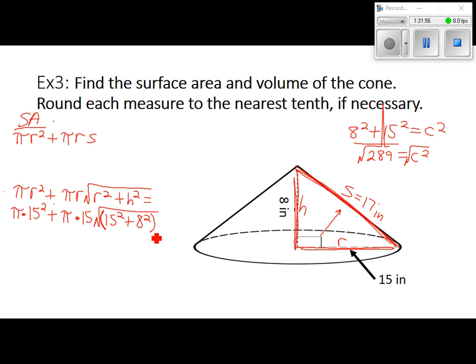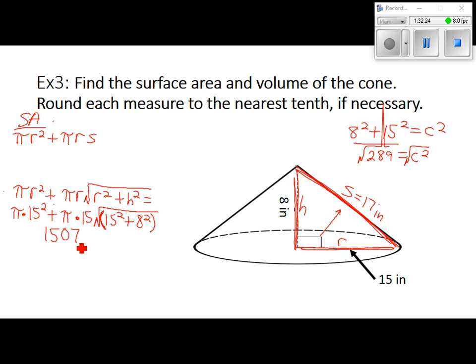My calculator puts this first parenthesis in there, so all I have to do is close the second one. So then I put in 15 squared plus 8 squared, then close the parenthesis and hit equals, and it tells me that my answer is 1507.96.